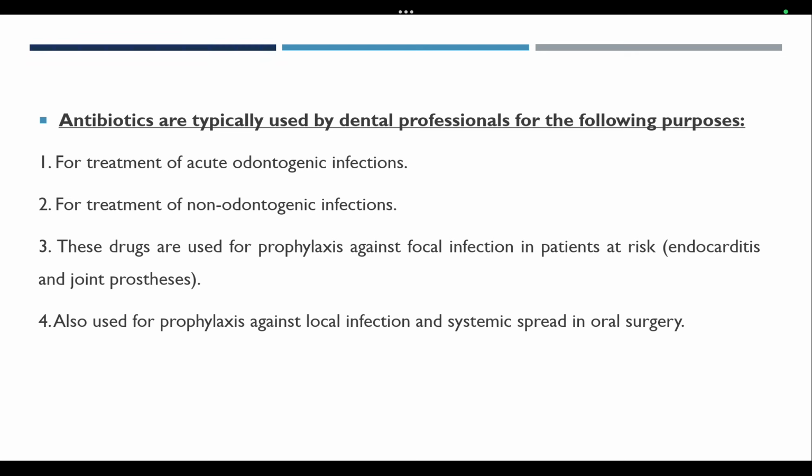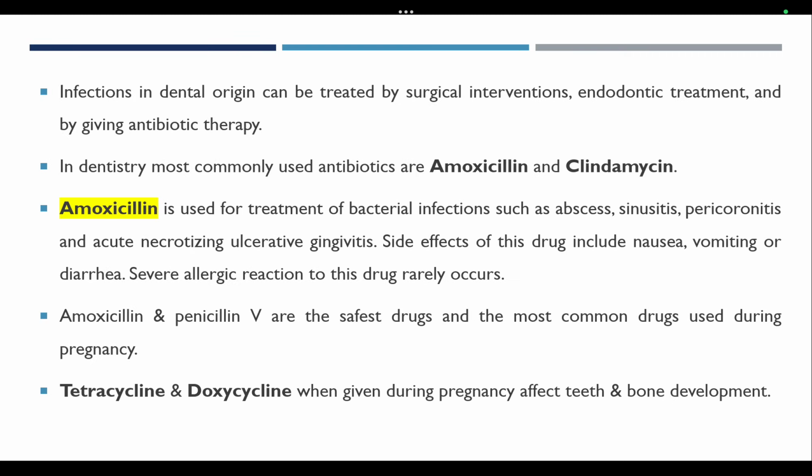So you can give the patient, for example, amoxicillin before the dental procedure that you are going to do. Okay, and also used for prophylaxis against local infection and systemic spread in oral surgery. So we can use antibiotics as a prophylaxis to prevent a serious condition that can occur.